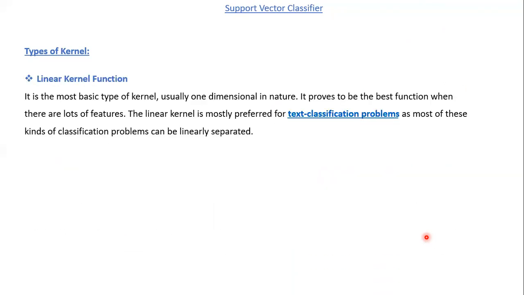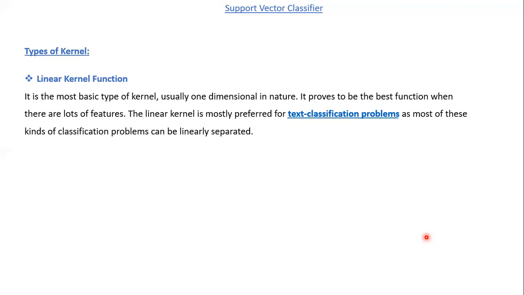So moving on, first is the linear kernel function. It is the most basic type of the kernel, one of the most basic ones we will be knowing, right? It is used for one dimensional data in nature. It proves to be the best function when there are a lot of features.